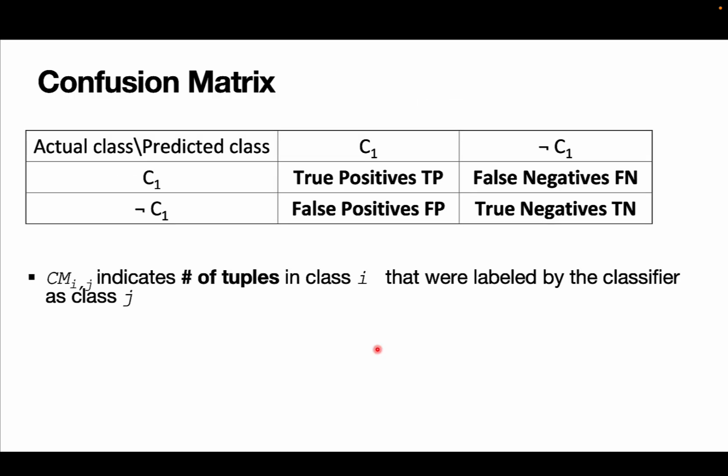Suppose we have a binary classification problem like spam versus not spam, or medical diagnosis, positive, negative. The confusion matrix is a table that summarizes how well the classifier performs. The rows represent the actual true class, and the columns represent the predicted class.